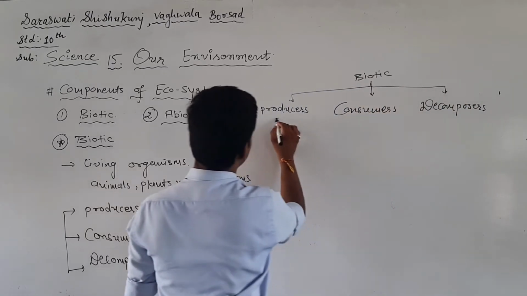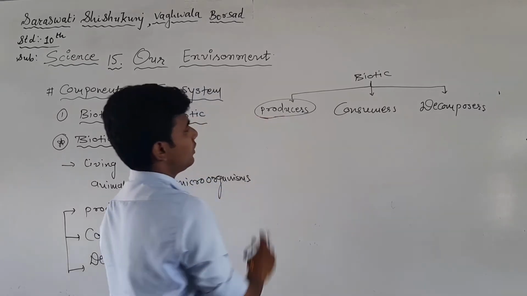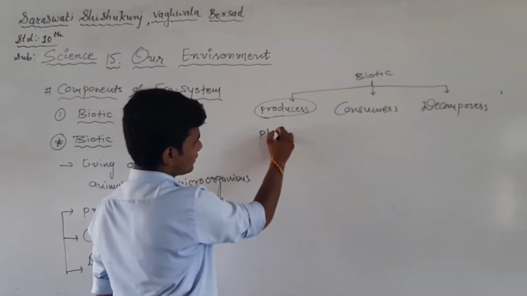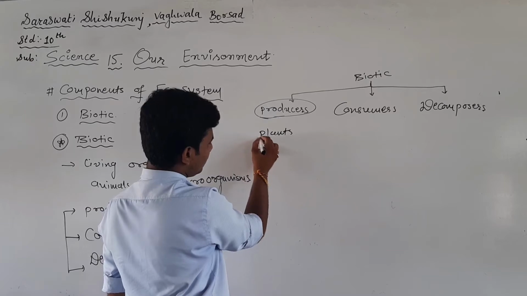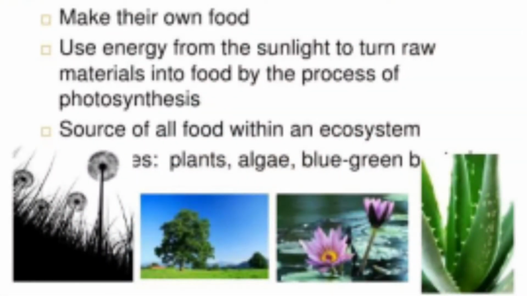First, what will come as producers, right? What are called producers? Plants and blue-green algae, that will be our producers.